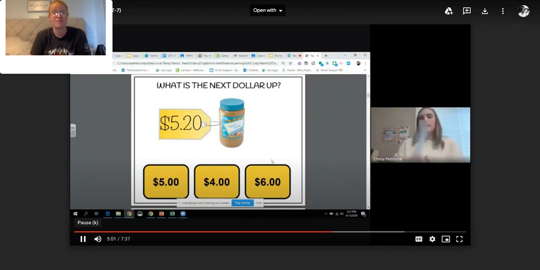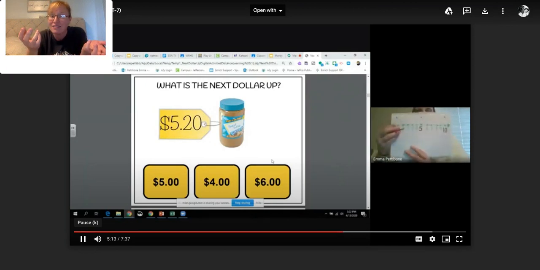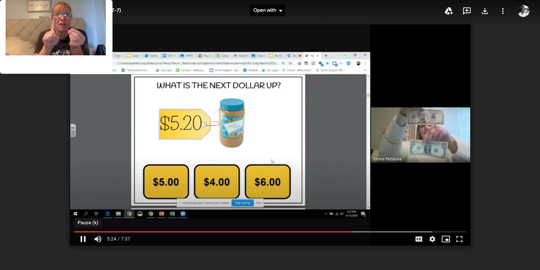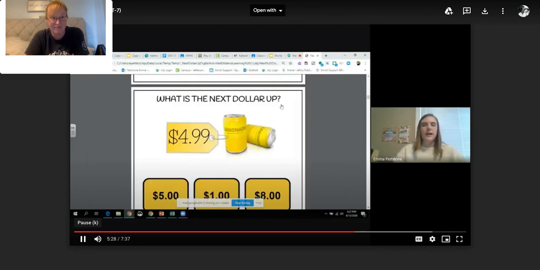So if I'm looking at my number line, I look at my number in front of the decimal, it's 5. I find that on my number line, and I go $1 up, which is $6. Okay, so I would hand him $6. Let's see, I would do this $5 bill. 5 plus 1 is 6. Good job. Okay, we're going to do a few more.